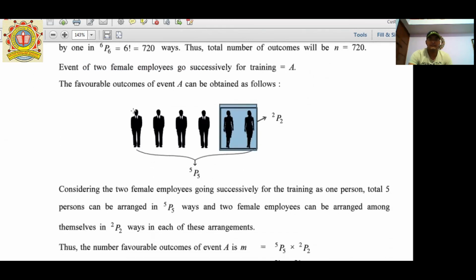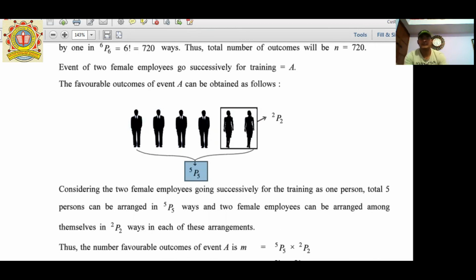And the remaining 4 employees do not have any condition, and that's why we add the female group as 1 set, so these 4 and this 1 become a set of 5. So now m is equal to 5P5.